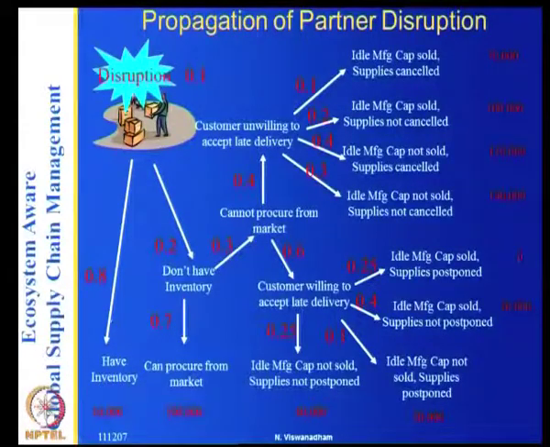In those two cases, you are using the existing capacity as well as other suppliers, and you get into these kinds of problems only in the other two cases. So what does this diagram tell us? It tells you the various factors that happen, and once you know the probabilities and also the cost estimates, then you can decide whether you want to have inventory or you want to take a chance.